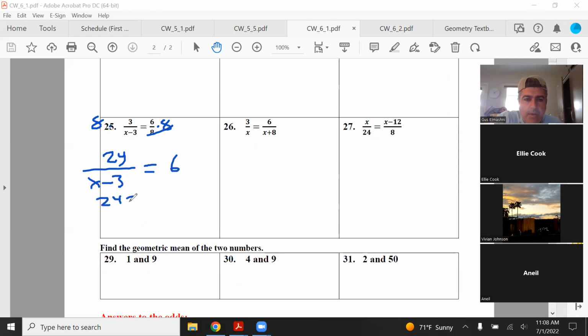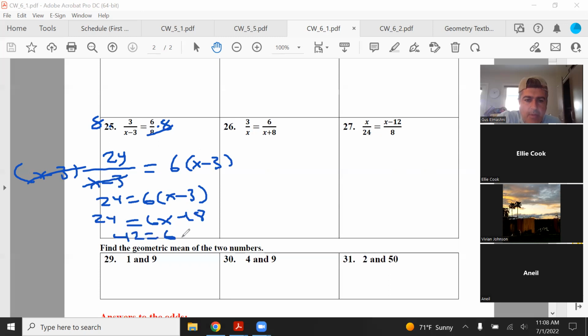Then 24 equals 6 times x minus 3, because I multiply both sides by x minus 3. So those cancel. 6x minus 18 equals 24, so 42 equals 6x. X is 7.